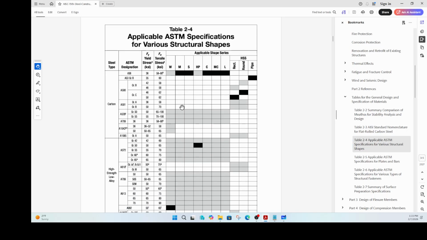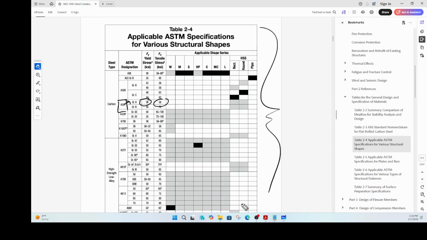So you get into that particular table. The problem statement says it's an A501 grade A. That means your Fy is 36 and your Fu is 58.